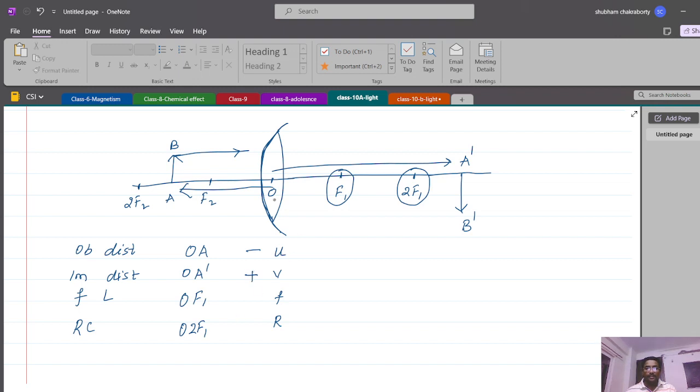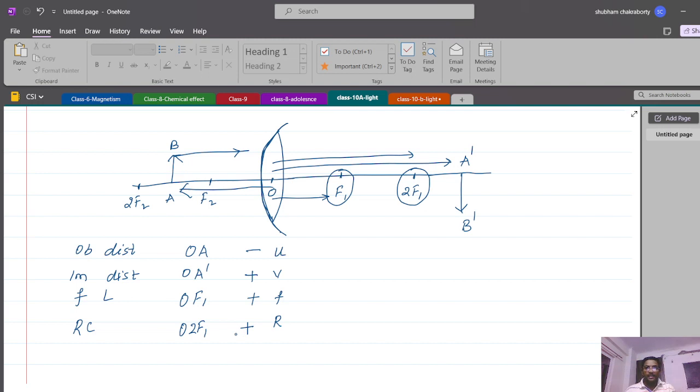The focal length, OF1. Again, the incident ray and this particular ray are the same direction, hence positive. And the radius of curvature is O2f1. Again, the directions are same with the incident ray, hence positive.